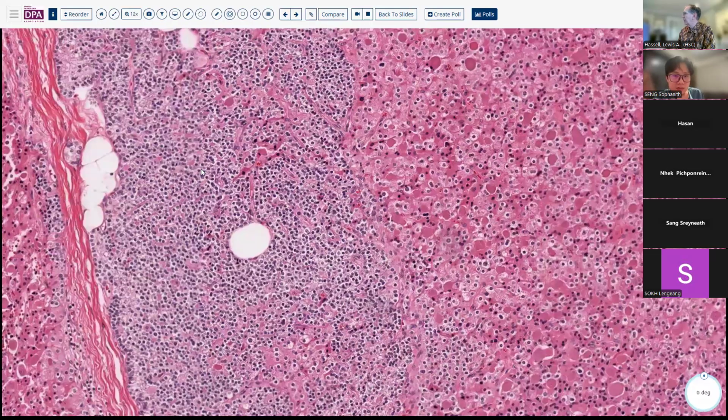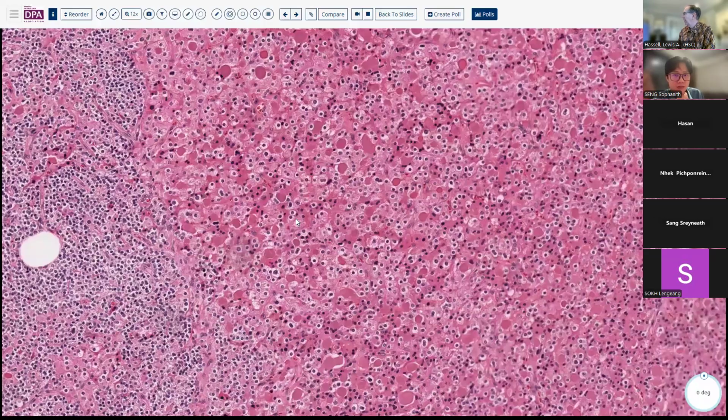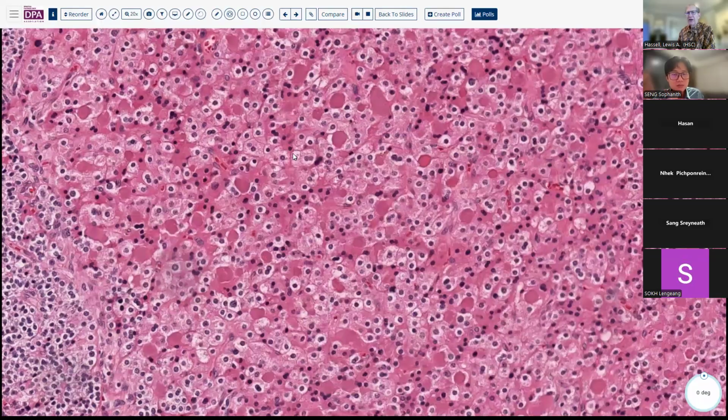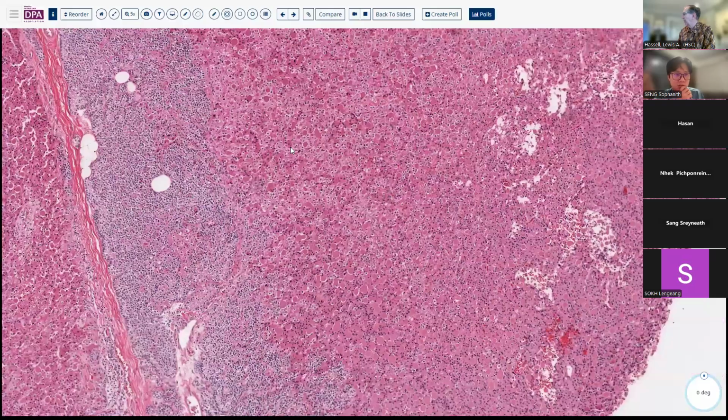And the clue as to what this is lies right here, as we see these more recognizable parathyroid type tissues with the adjacent very oxyphilic elements that are indicative, in this case, of a parathyroid adenoma.